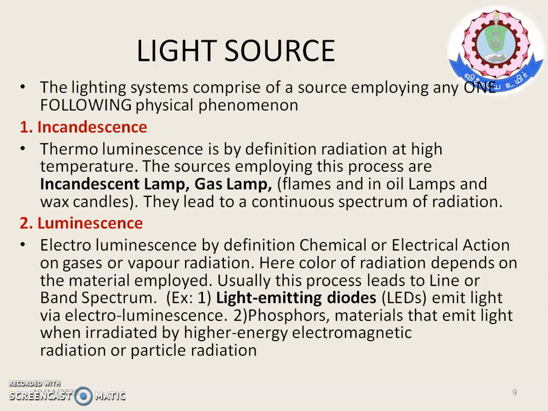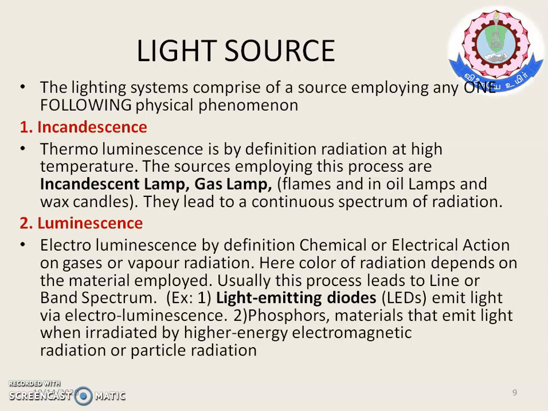So far we discussed the light basics, that is your terminologies, and how the lighting effect is initiated, how it excites our eye retina, all those things we discussed. So now, what are the light sources? Light sources means a tube light, incandescent lamp, CFL, so many types.